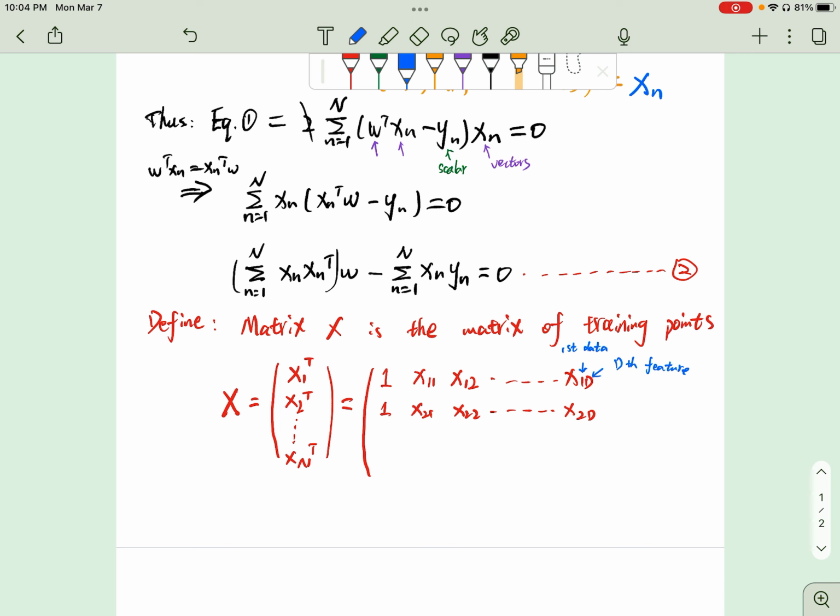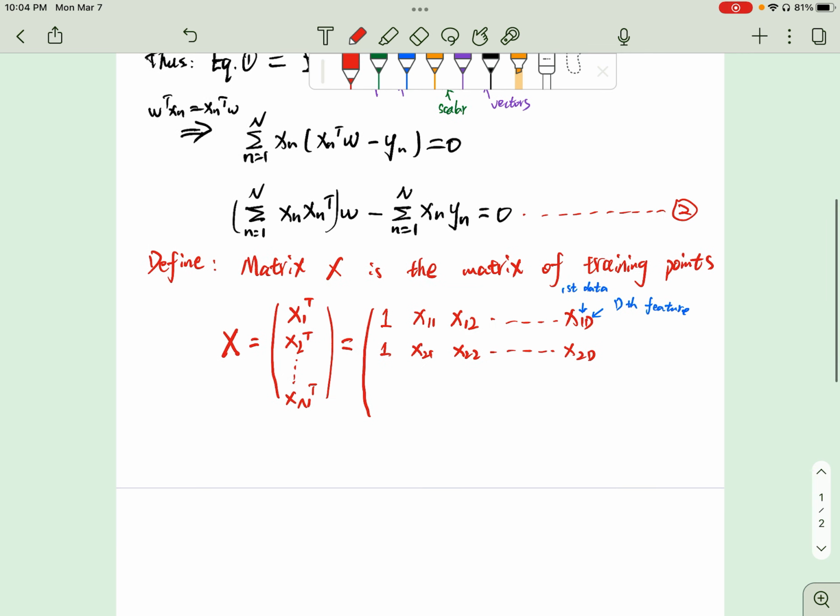Hope you are not confused on this. And of course it's the same for 1, for 2, and Xn and D. So you can see the dimension of this matrix. How many rows do we have here?